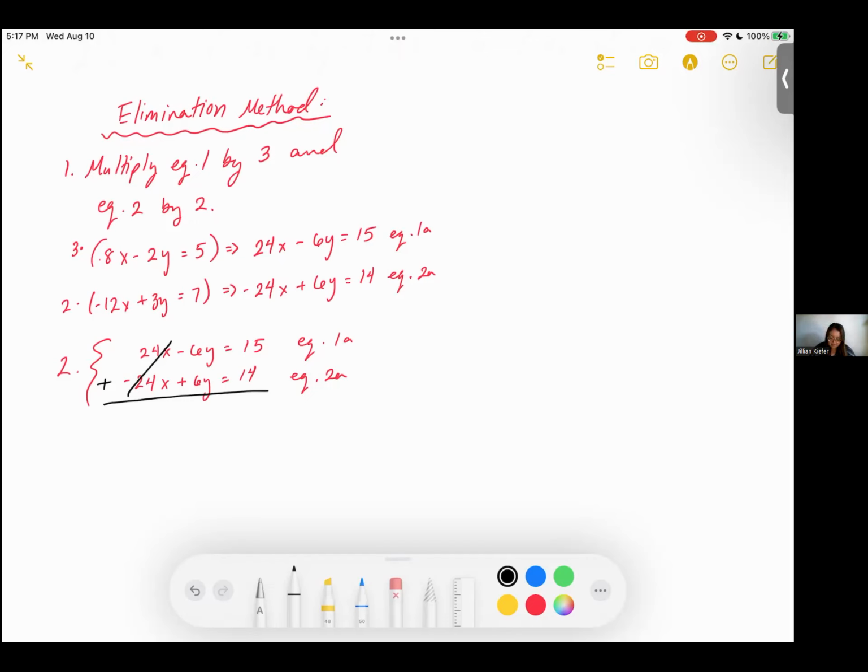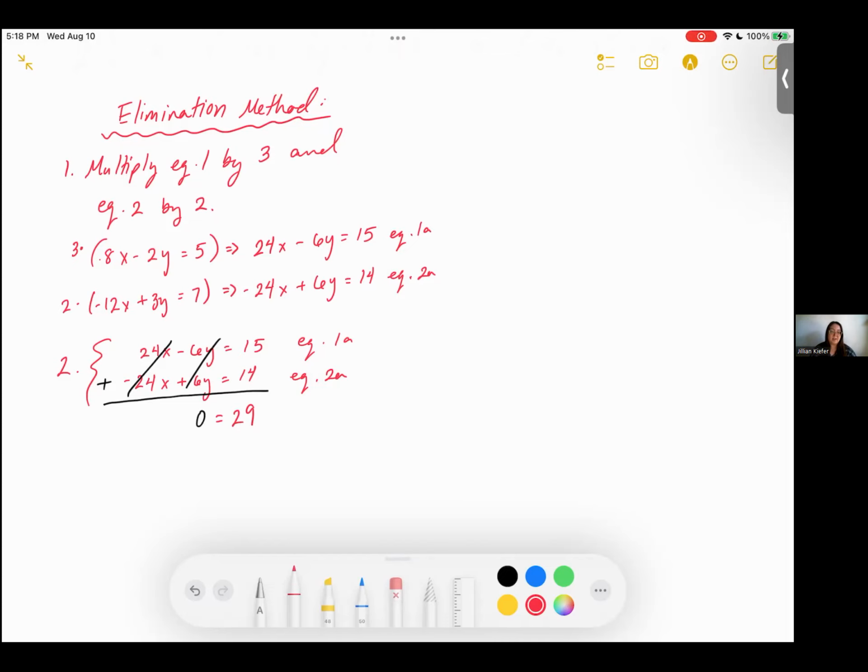That cancels it out. So really all we have left on the left side of our equation is just 0, because both of the terms canceled out. So we have 0. And then if we add the last column there, 15 plus 14, that's 29.